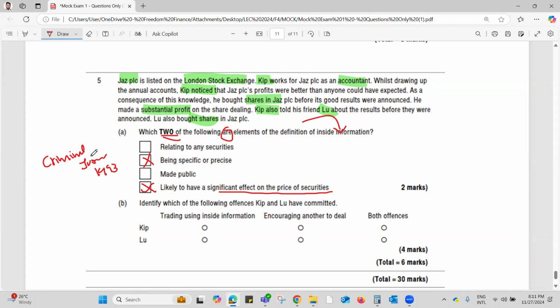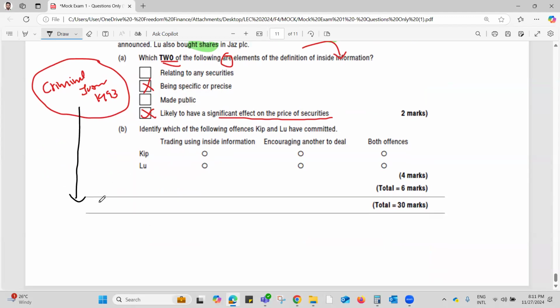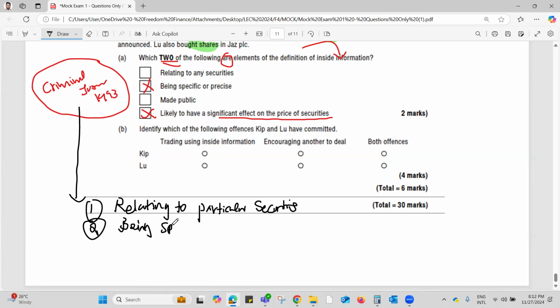You should know this act. It defines inside information as four things. The first thing is that inside information needs to relate to particular securities. Then it should be specific or precise.